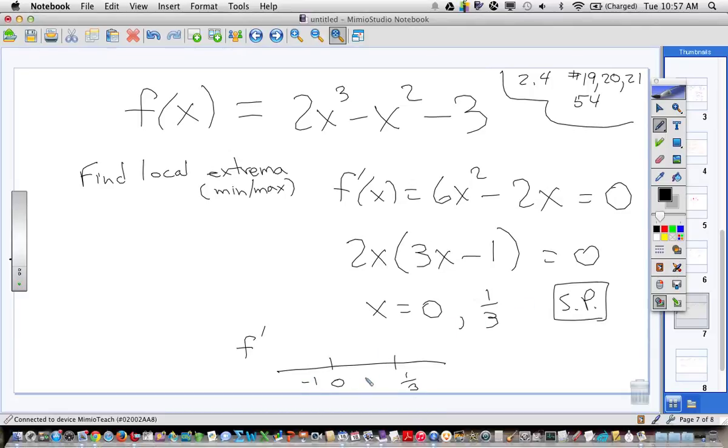Get your positive, negatives on your number line, that kind of thing. Whatever the case may be. But otherwise, you would have to have all that same work. I may put it on the calculator part just to try to balance the two parts out. So they're maybe equal time or something like that.